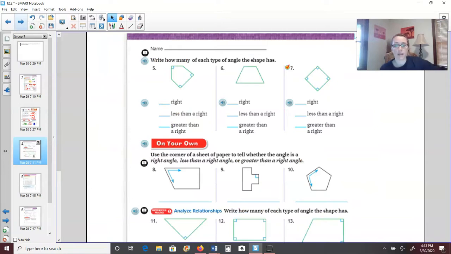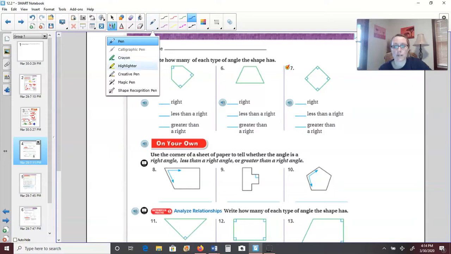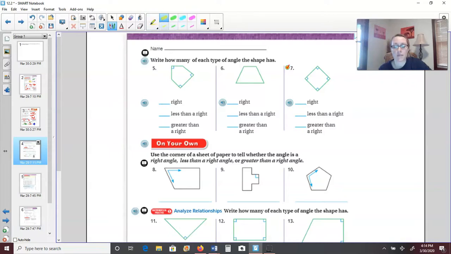Write how many of each type of angle the shape has. So if we look at this first shape, kind of reminds me in baseball of like home plate. It has how many right angles? Remember, a right angle is shown by a perfect corner, and oftentimes it has that square symbol.